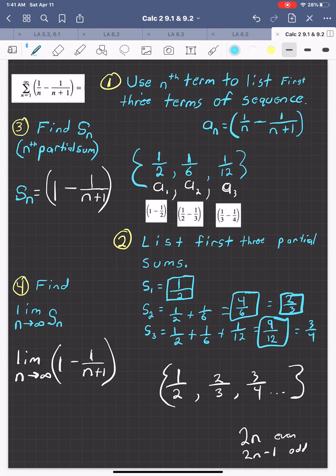As n goes to infinity, it's going to end up being 1 minus 0, or just 1. So, in other words, we get to say that this converges, and the sum is 1.